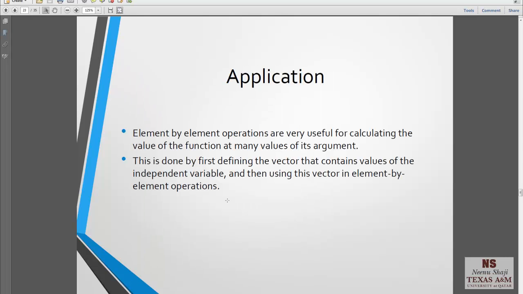What is the application for element by element operations? It's useful for calculating the value of a function at many values of its argument. How is it done? By first defining the vector that contains values of the independent variable, then using this vector in element by element operations.